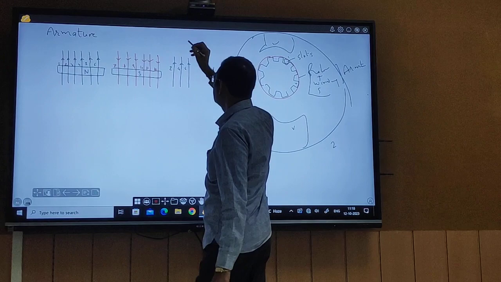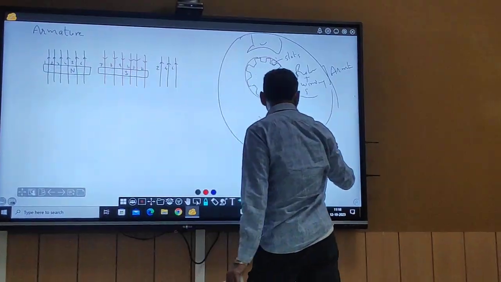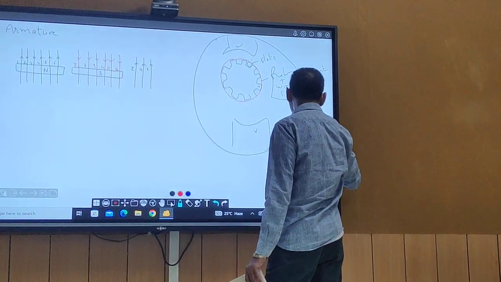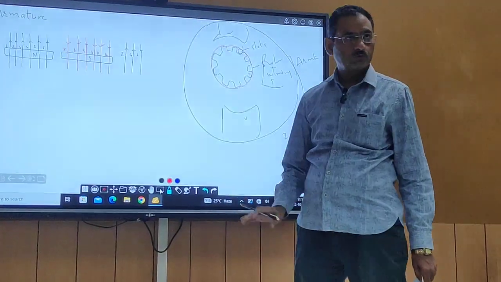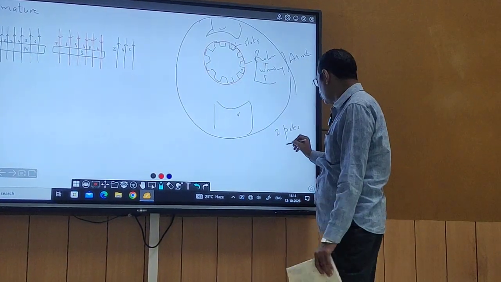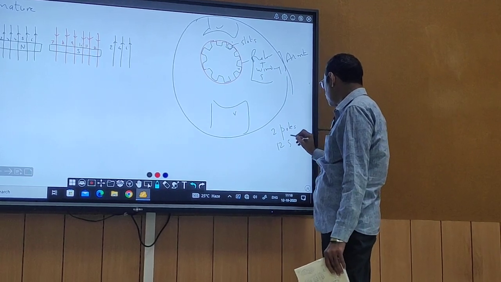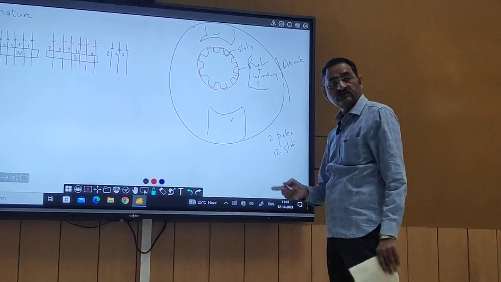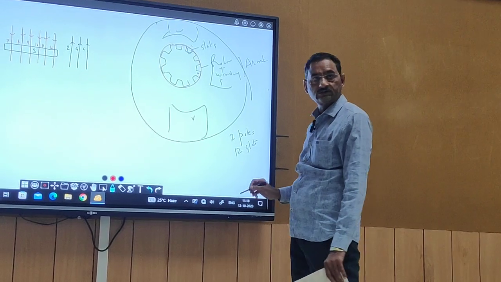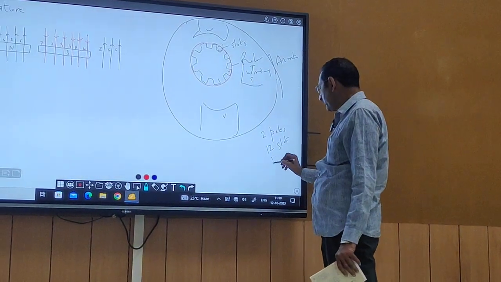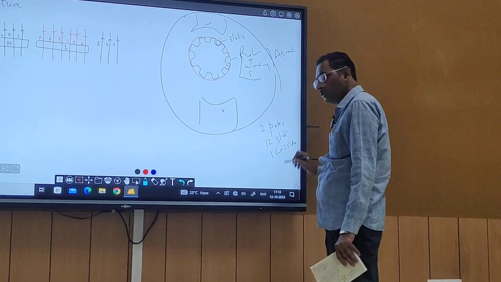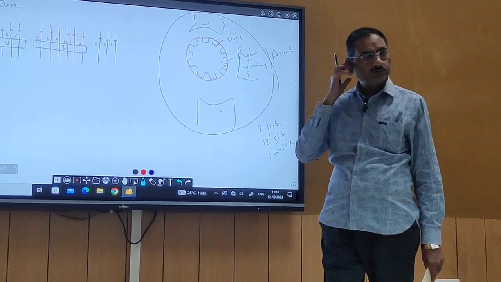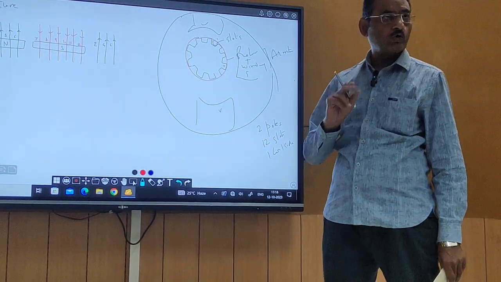We are doing it for 2 poles and 12 slots. Each slot consists of one coil side.